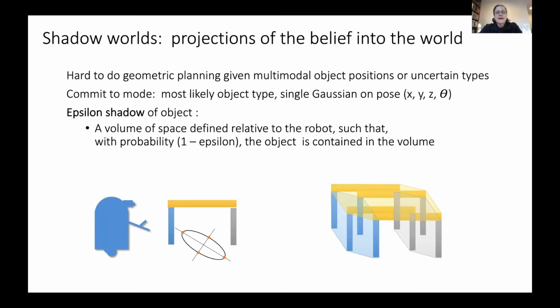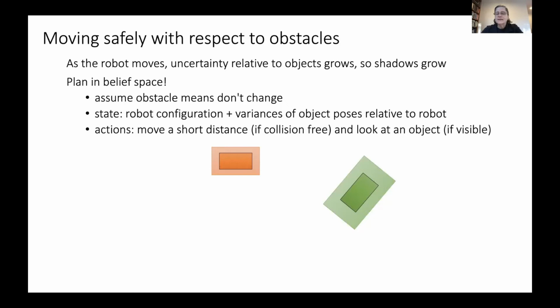Well, we can build a kind of geometric confidence interval, you can think of it as, on the space that the table is taking up relative to the robot and use that in our planning. That lets us do planning in belief space with geometry, where the robot plans to both move and to look at objects to reduce its uncertainty relative to the objects.